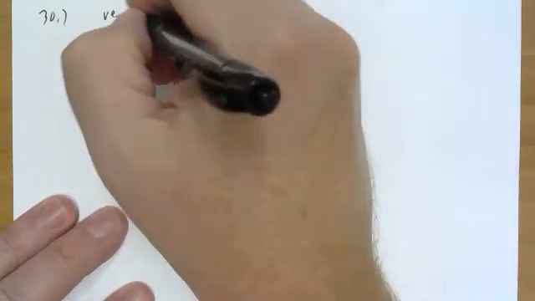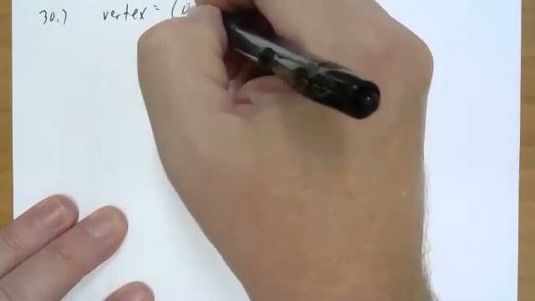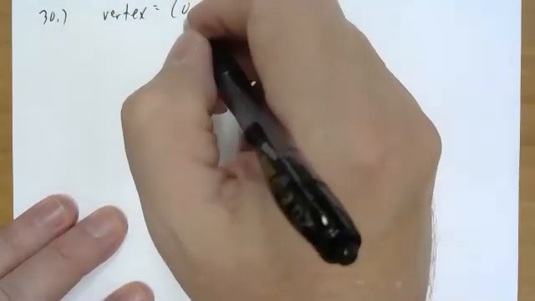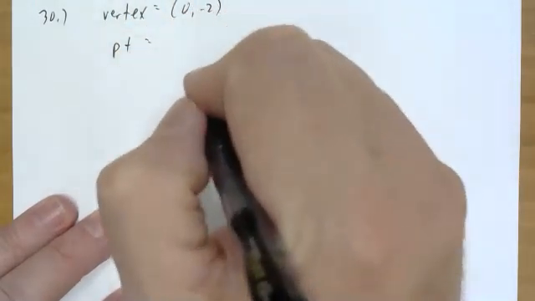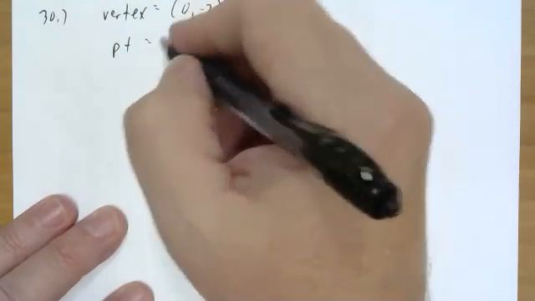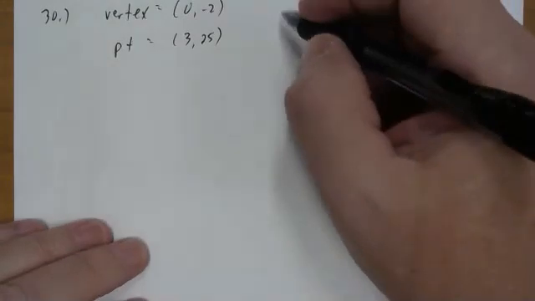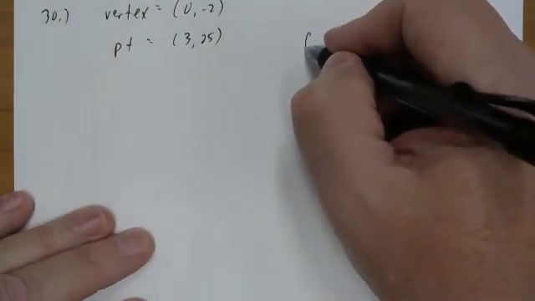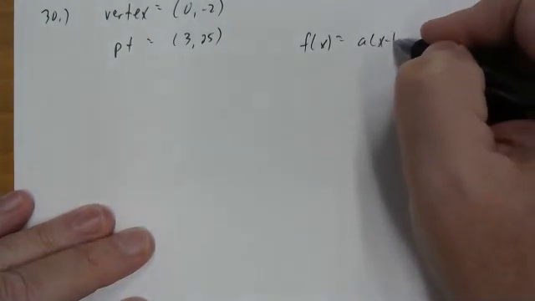So the vertex (0, -2). A point on the equation is (3, 25). And they want it in this form.